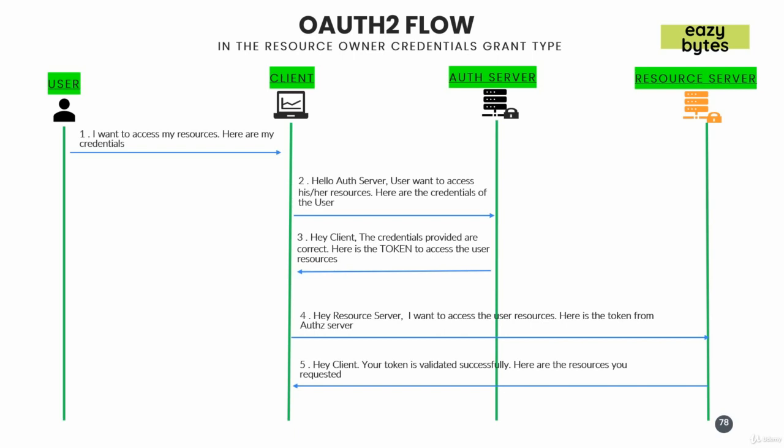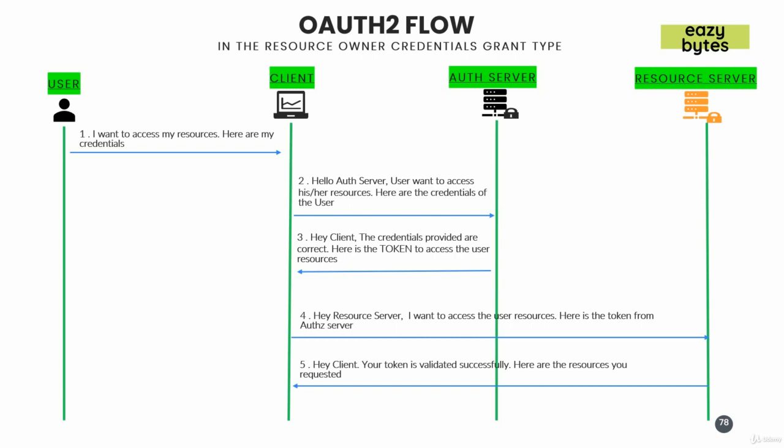So I'll enter my credentials on the loans application login page. My client application will capture my username and password and send that request to the auth server in the backend without a redirect experience to the user. And this perfectly makes sense, right?